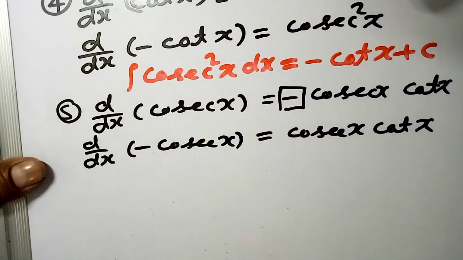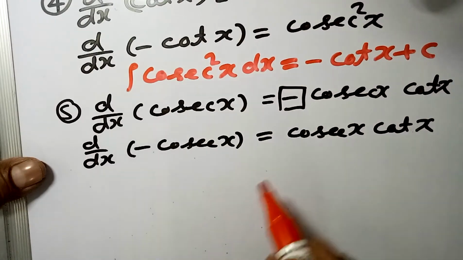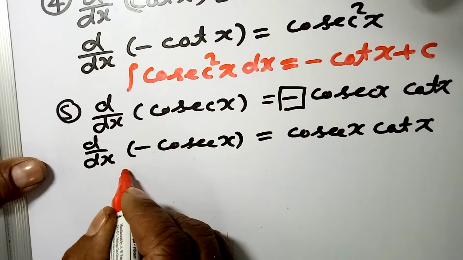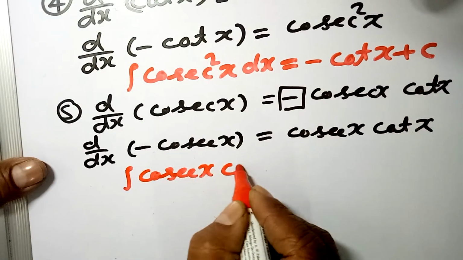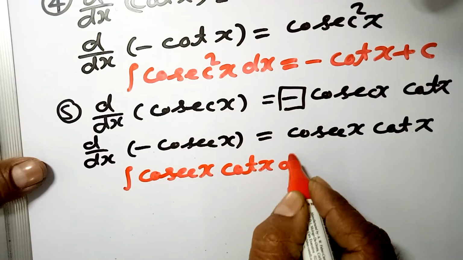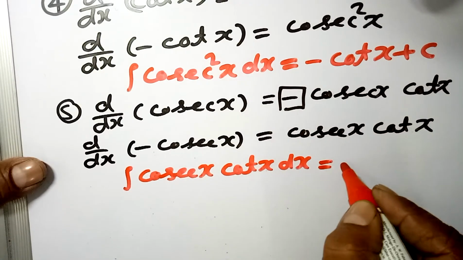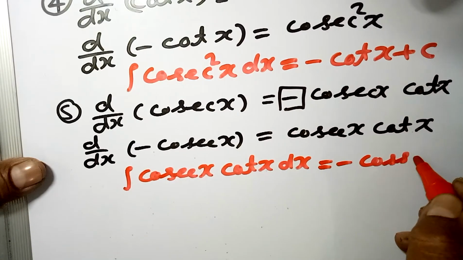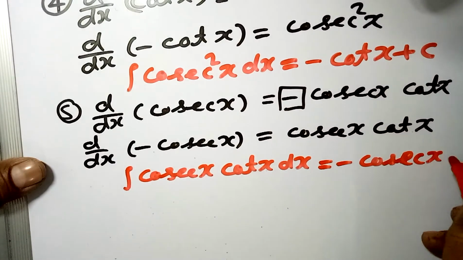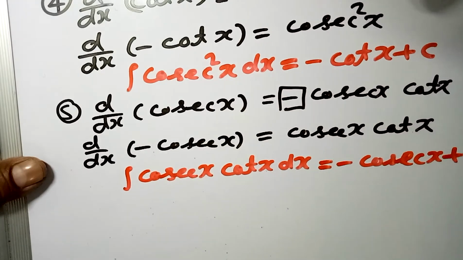Because of this, integral of cosec x cot x dx is equal to minus cosec x plus constant of integration.